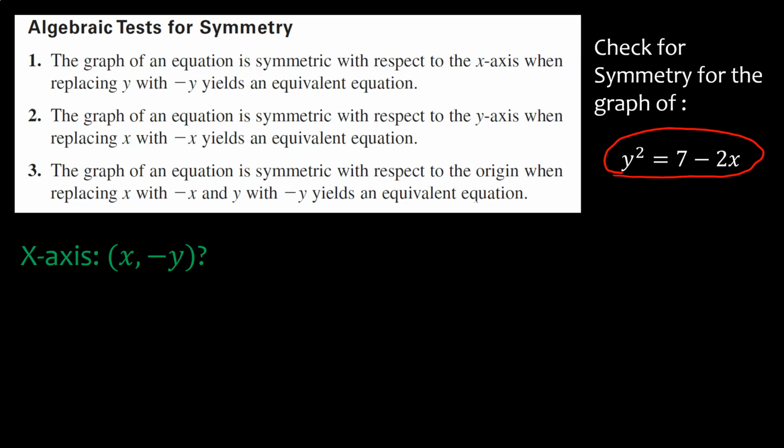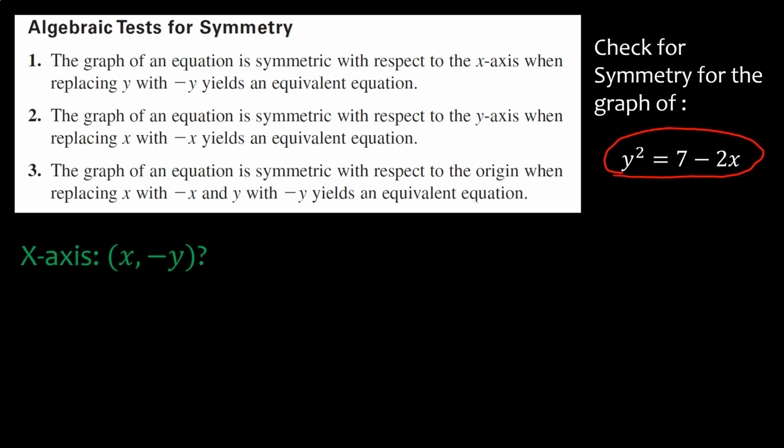So we're going to substitute (x, -y) into the equation that is given to you. If it yields an equivalent equation, meaning it becomes the same thing, then we would say the point (x, -y) is also on the graph because it will make the equation true.